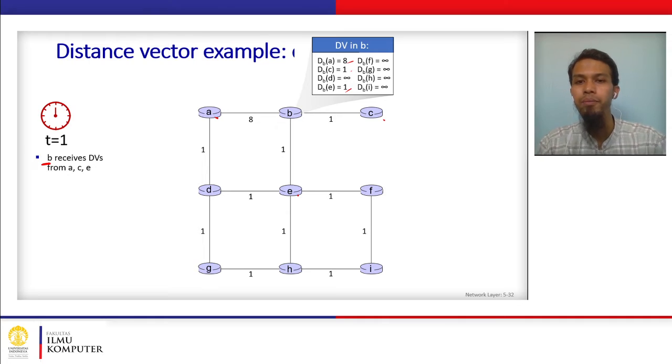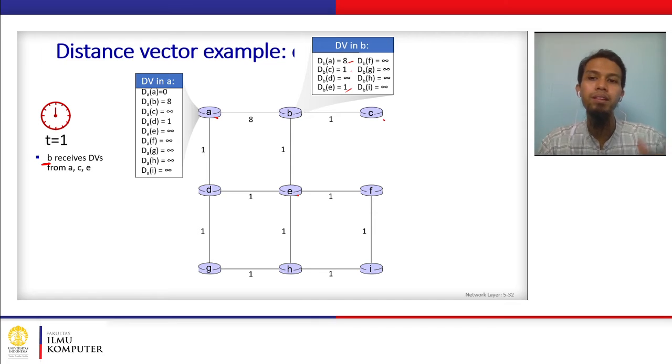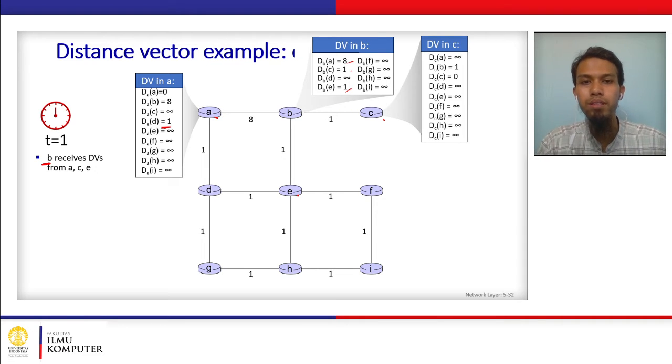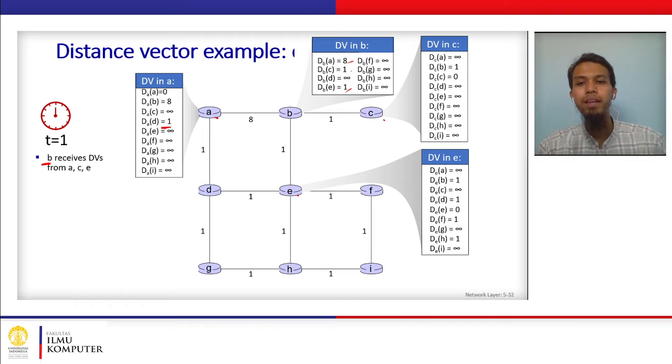Now, B receives from A, which has additional information: the path from A to D, which is 1, and it is not there in B. From C, there is no new information because C is only connected to B. E has more information because E has more links to other nodes.